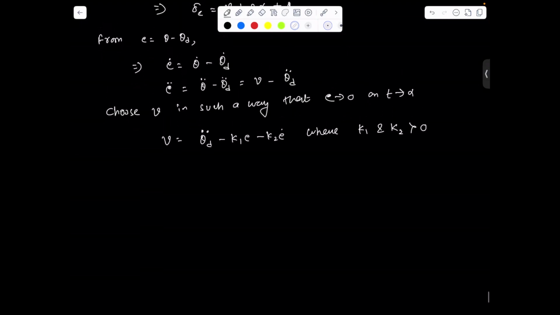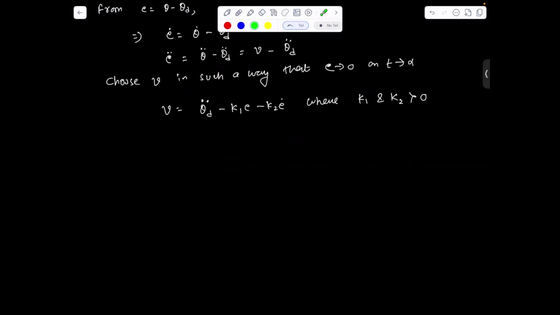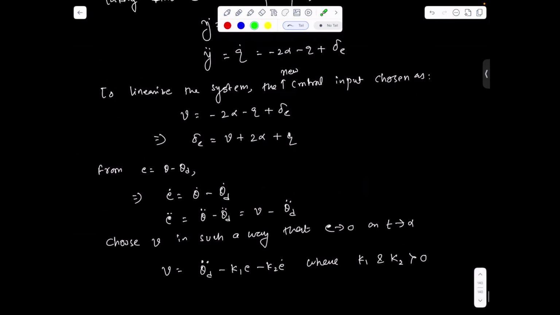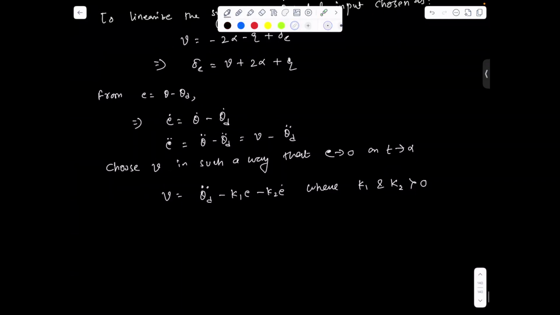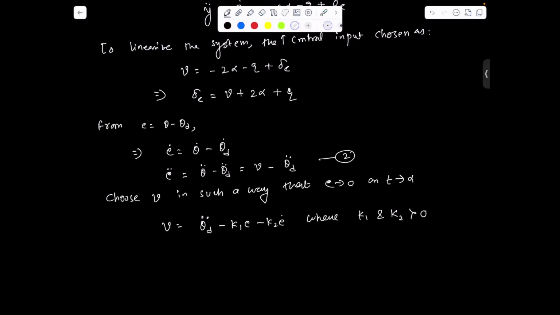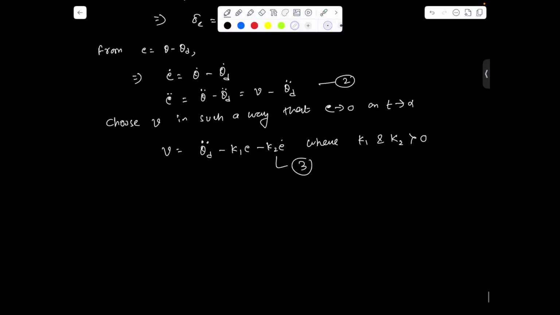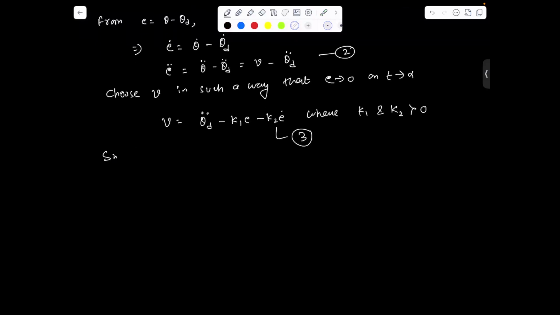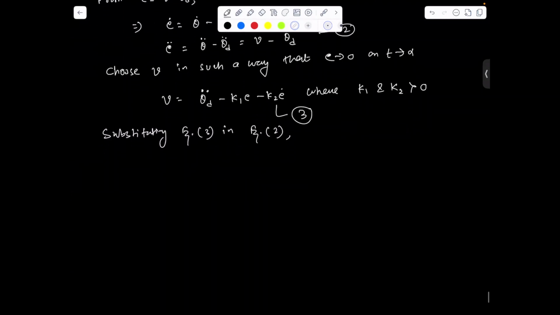Now, if you substitute this V in here, we'll have the error dynamics equation, which is basically stable. Let us define this as equation 2 and this as equation 3. Now substituting equation 3 in equation 2, we get e double dot plus k2 e dot plus k1 e equal to 0.